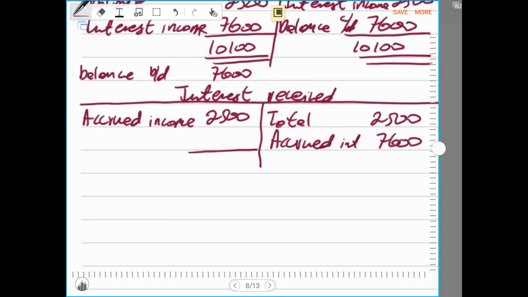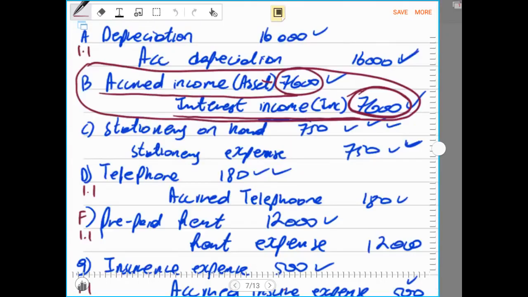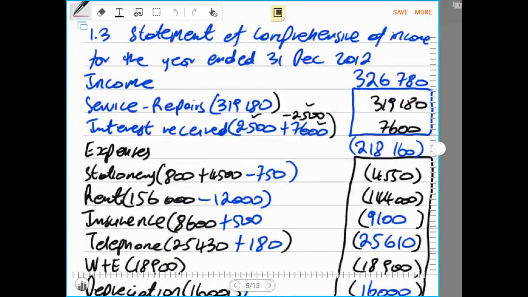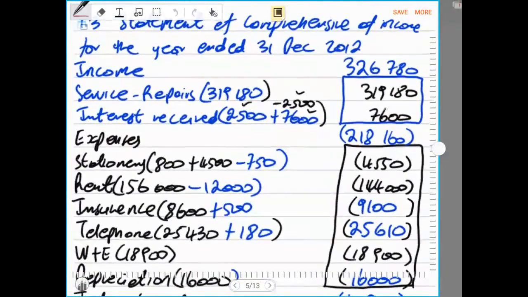Therefore, now we can close off this ledger account. The bigger side will be 10,100, and the contra entry will be profit and loss, 7,600. And this amount is the one that's supposed to appear in the income statement, and it is exactly the same amount as it appears in our income statement.